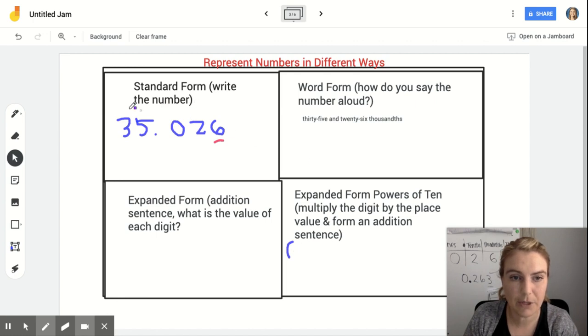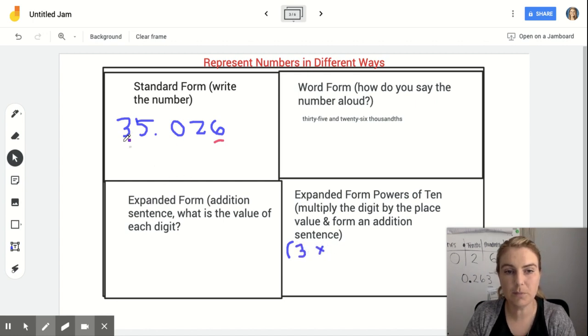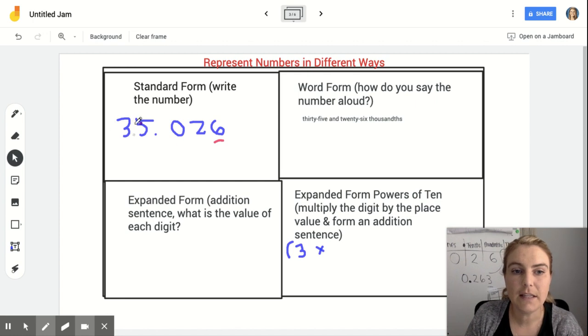And I'm going to rewrite. I'm going to go left to right, starting with my largest place value, and I'm going to write the first digit that I see. So I see 3. I'm going to rewrite 3 times, what do I need to multiply 3 by to get this place value? So the 3 is in what place value? I have my decimal here, so I know this is the ones, this is the tens.